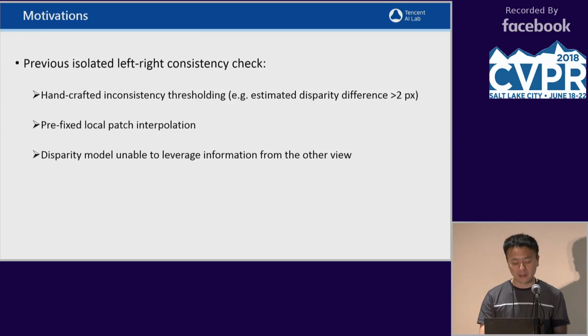For example, we may interpolate from the neighboring 8 or 15 pixels. Third, the disparity estimation model cannot take information from the disparity of the other view during both training and inference. So only an offline isolated left-right consistency check is performed.